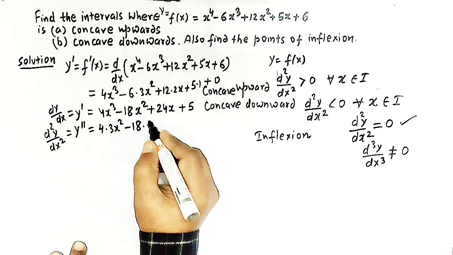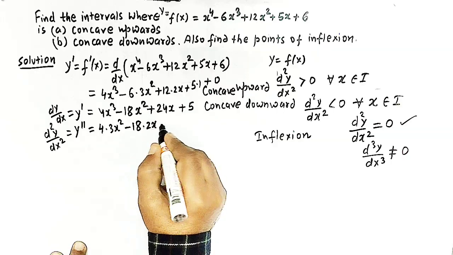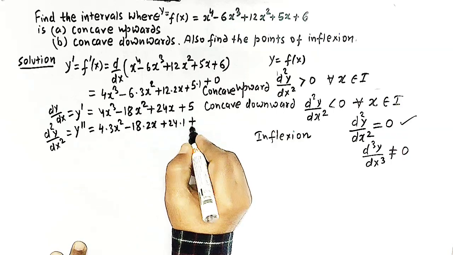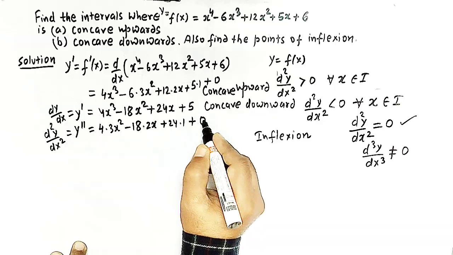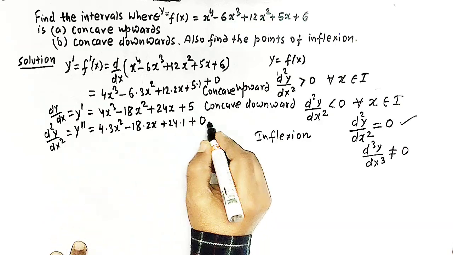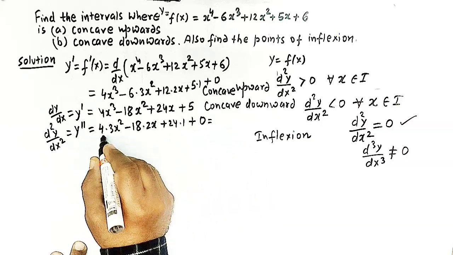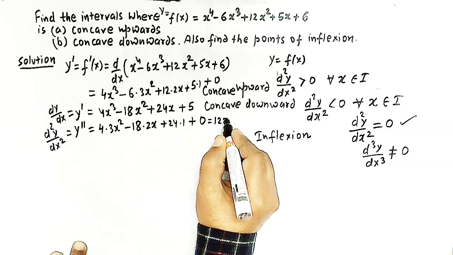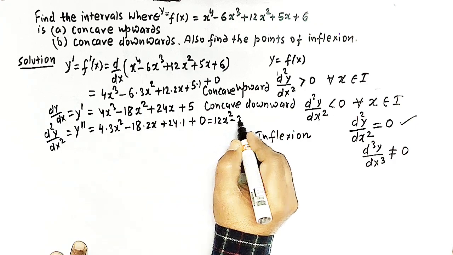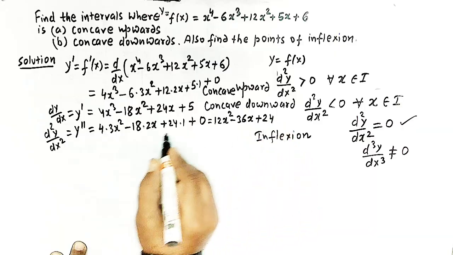Here we have minus 18, the derivative of x square is 2x, and the derivative of 24x is 24, and the derivative of 5 being a constant is 0. So we have now the second derivative as 12x square, then minus 36x, and here we have 24, right?